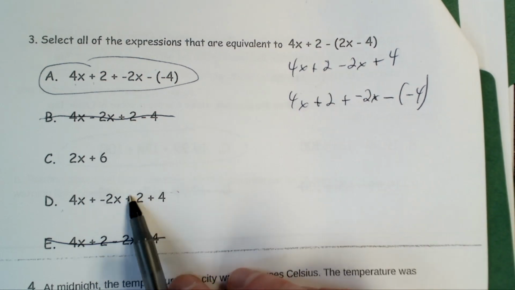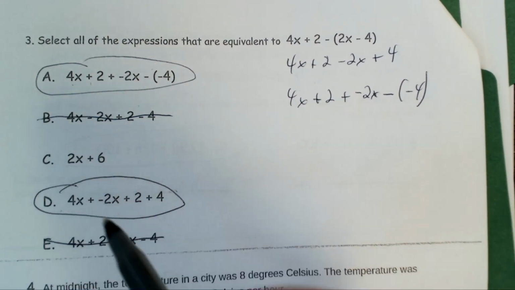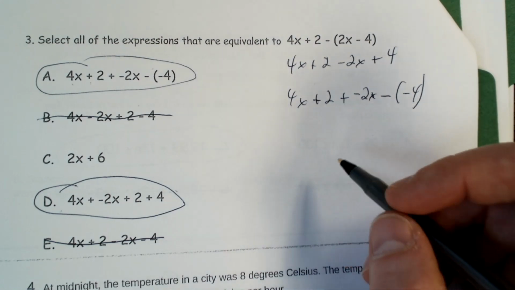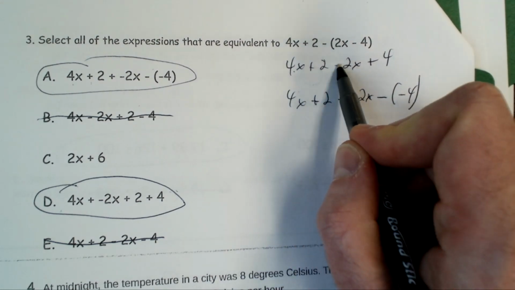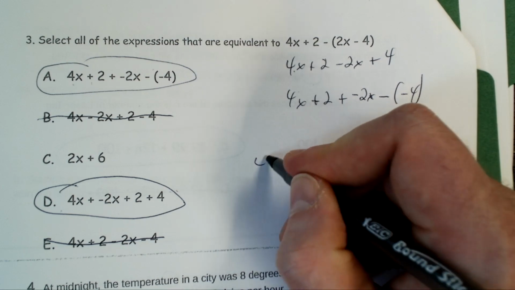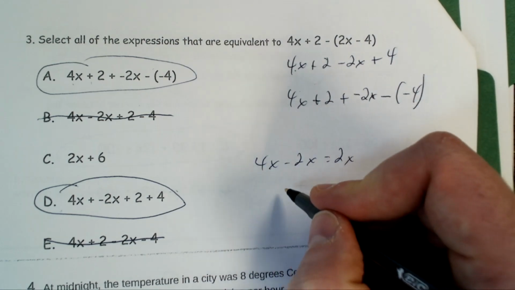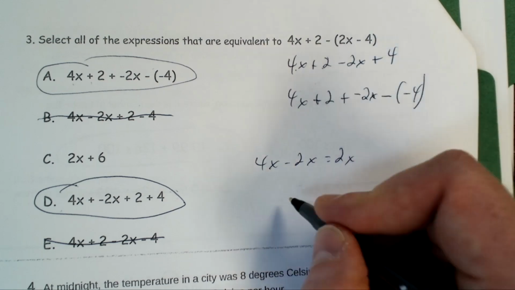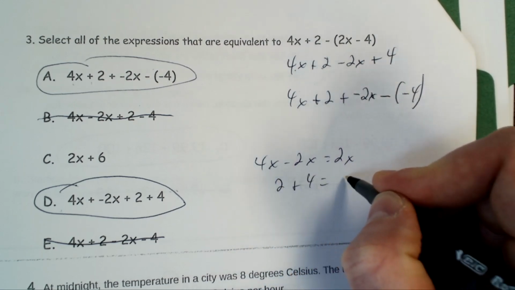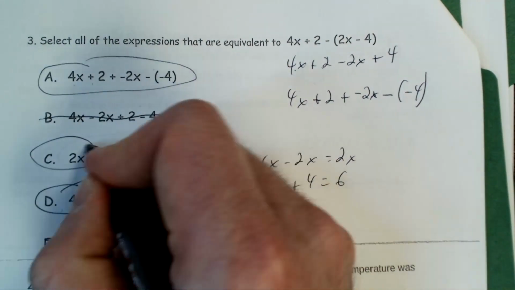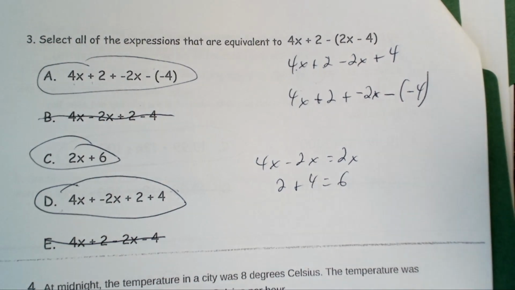Positive 2, positive 4, so there's that, so this is an answer. Now let's say I solve these, okay? 4x minus 2x is equal to 2x. 2 plus 4 is equal to 6, so this one is correct. So A, C, and D are the answers there.